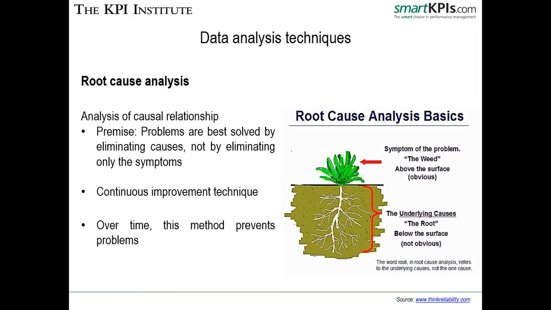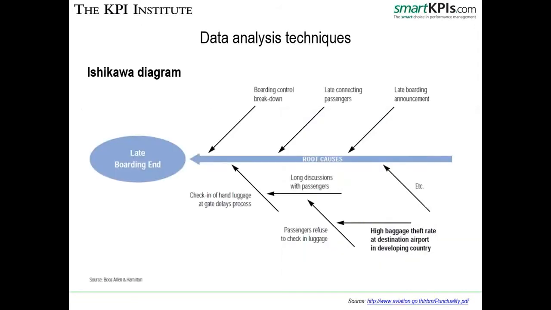Now, as a subset of the root cause analysis, we can employ the Ishikawa diagram. It's about looking at what could be the main causes, the main elements that influence a certain result.